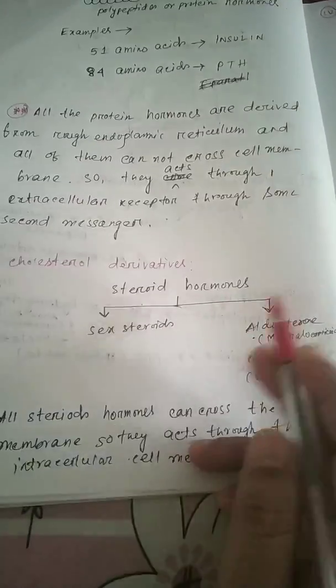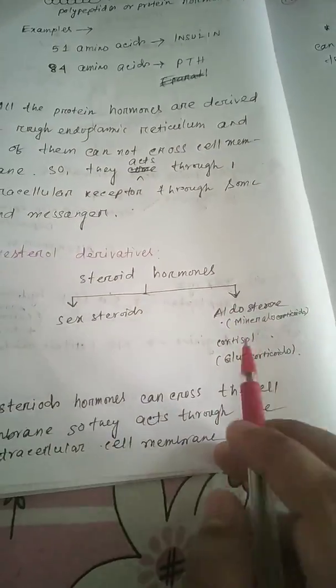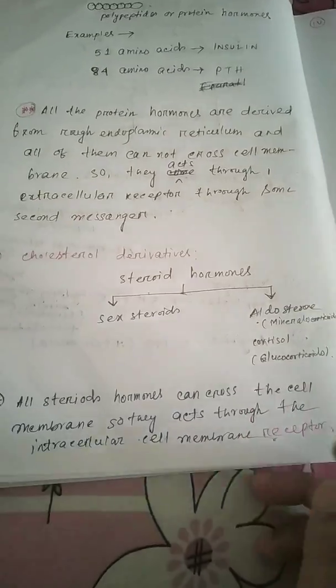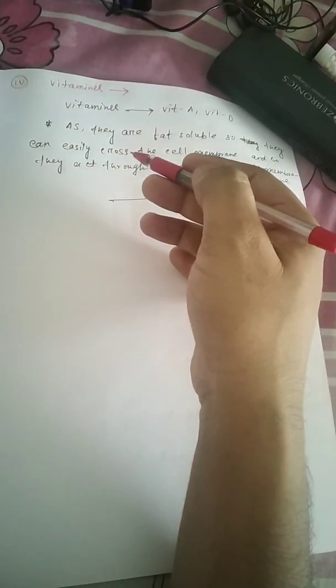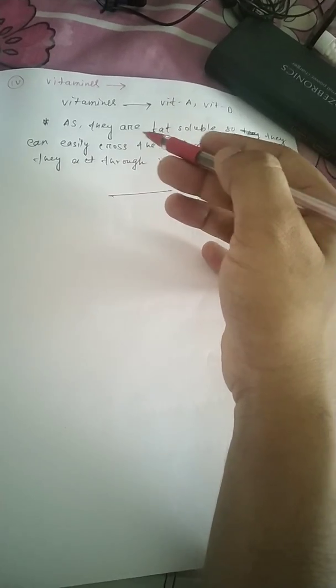Steroid hormones, like mineralocorticoids such as aldosterone and glucocorticoids such as cortisol, can cross the cell membrane easily, so they act through intracellular receptors. Vitamins A and D are fat soluble, so they can easily cross the cell membrane and act through intracellular receptors.